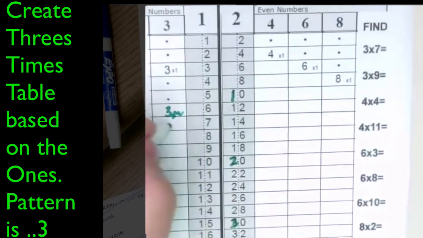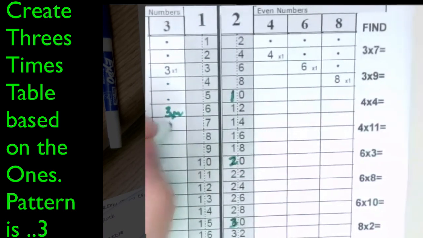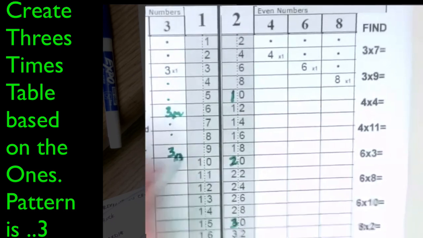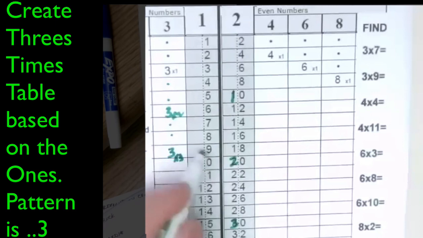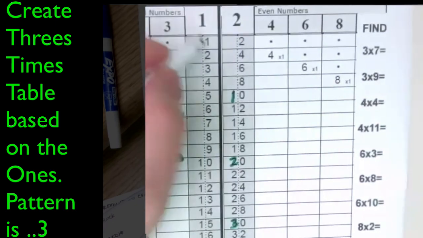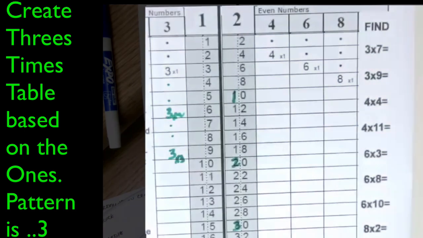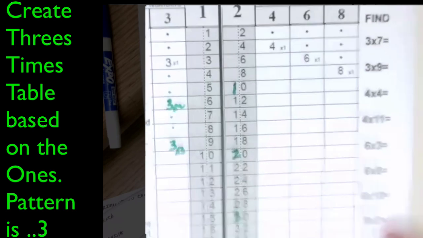Put a little 3 there. 3 times 3 is 9, or 3 3s are 9, because you can go 1, 2, 3, 1, 2, 3, 1, 2, 3, and you're at 9. So that's helpful to see that.